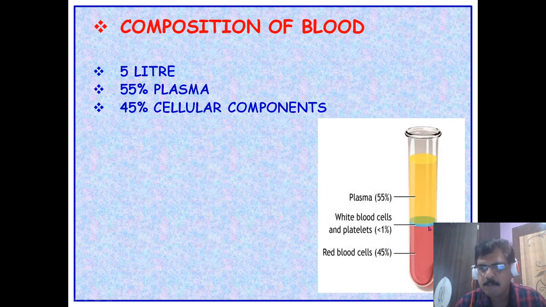If you centrifuge the blood, this is the what? Supernatant, that is a liquid component that we call plasma, which is 55%, and 45% is the what? That is the formed element or the cellular components, which comprise WBCs, platelets and the RBCs.